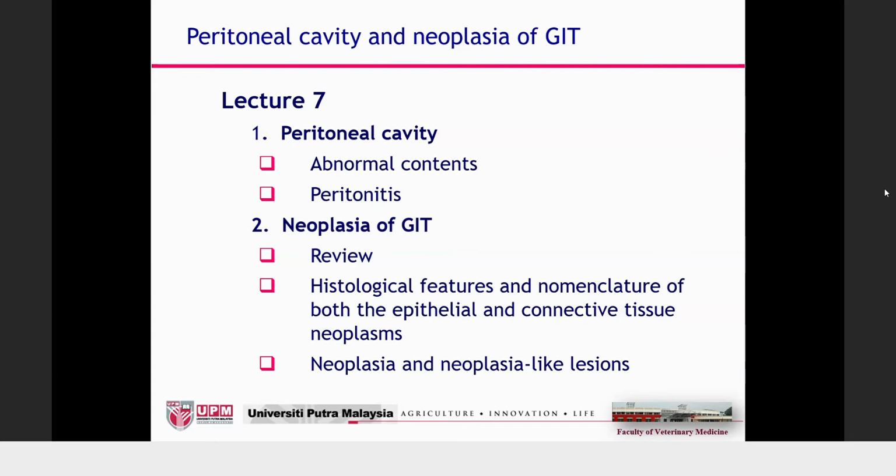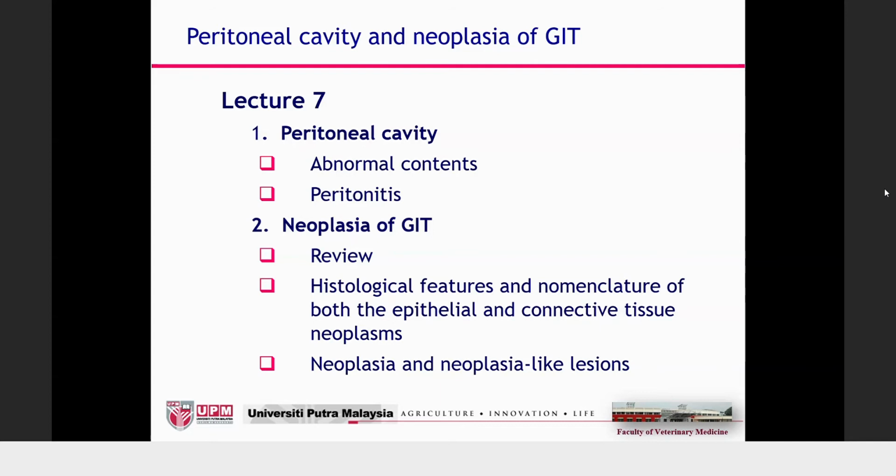One common abnormality, of course, is abnormal content, whether as a result of perforation or anomalies of the GIT, or external content resulting from other external factors.